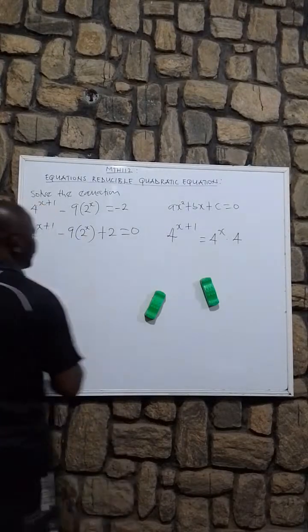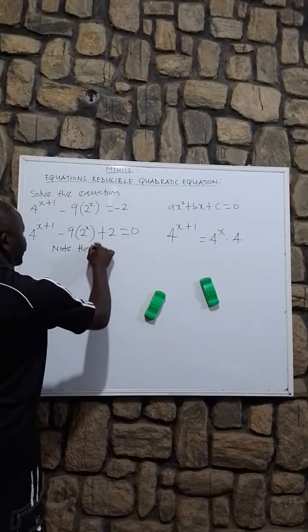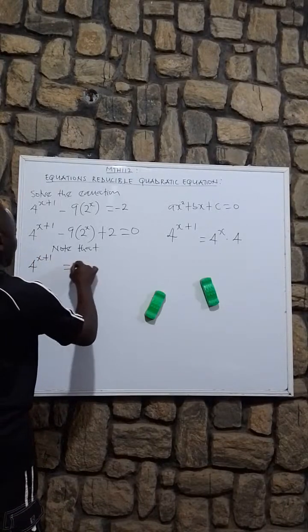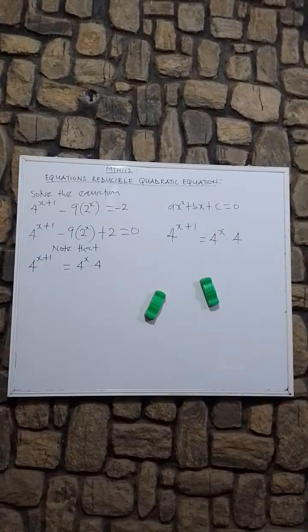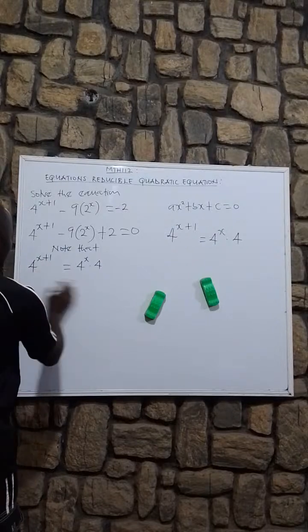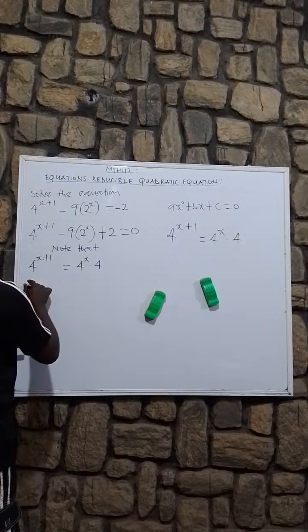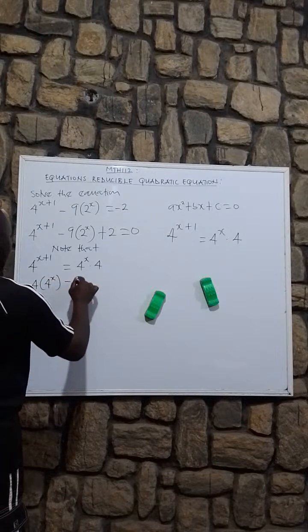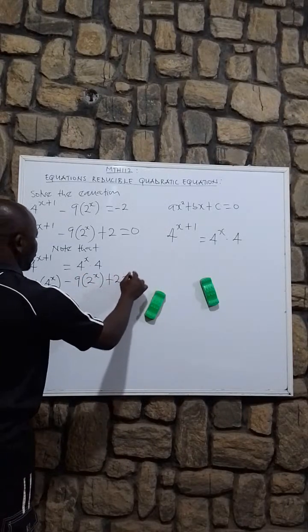Note that 4 raised to the power of x plus 1 is equals to 4 raised to the power x times 4, right? True or false? So instead of this, we write it here. Then here we are going to have 4 open bracket 4 raised to the power of x, then minus 9 open bracket 2 raised to the power x plus 2 equals to 0.